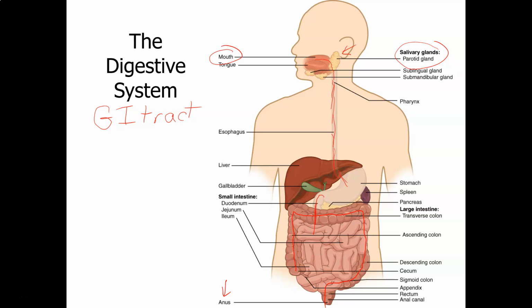Then we have the liver, which produces bile and also helps to break down some of the components of digestion, but it produces bile that helps in emulsifying fats, or breaking fats down. The gallbladder stores the bile that's produced by the liver.